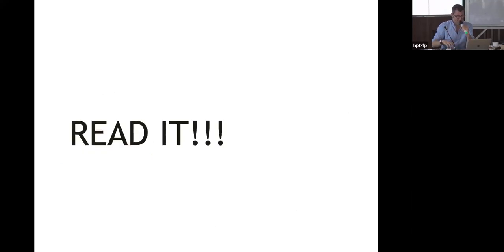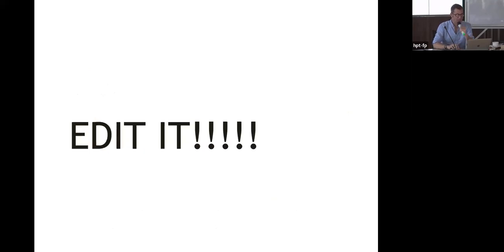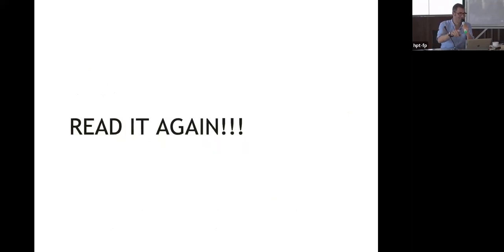And once you have your draft, read it completely, and then edit it. Then read it again, and edit it again, and so on, as an iterative process.